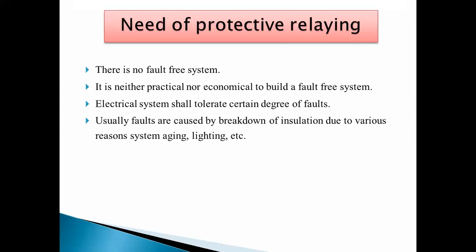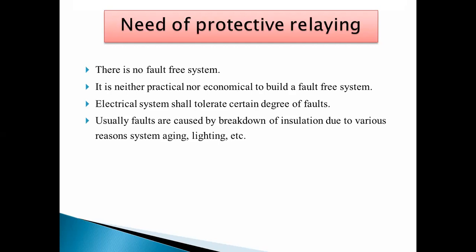But as the transmission lines are in kilometers, we should know where actually that fault has occurred, right? That's why we are making sections of these transmission lines or the whole power system, and in that we are putting a number of relays where we require.